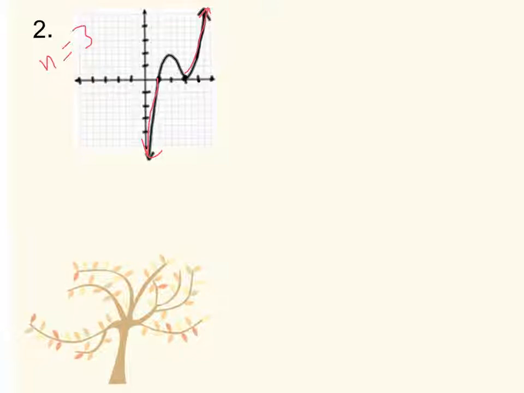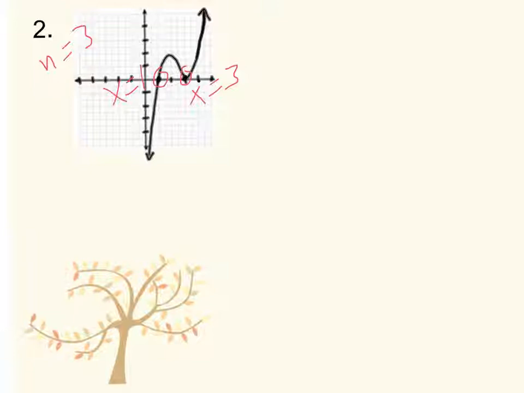So this polynomial is degree 3. That becomes very relevant for finding the equation because this one looks very similar in the sense that I'm going to use its x-intercepts, which I can see at 3 and 1. I'm going to use those to get the factors.